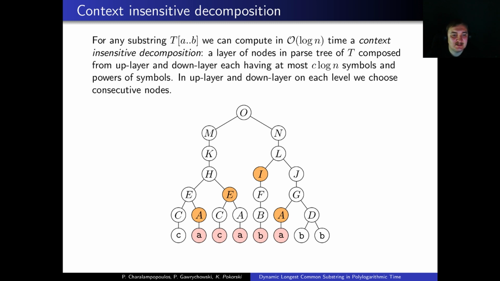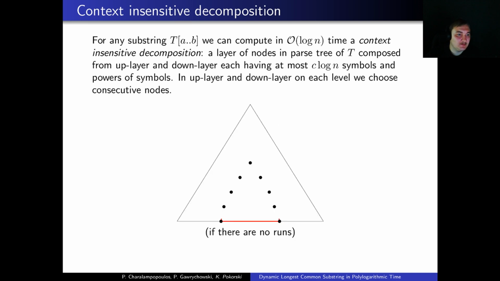It will just contain roughly log n nodes. So if there are no runs, this is how it looks like. For the up layer, this left part, we have one node on each level at most, and for the down layer we have the same.